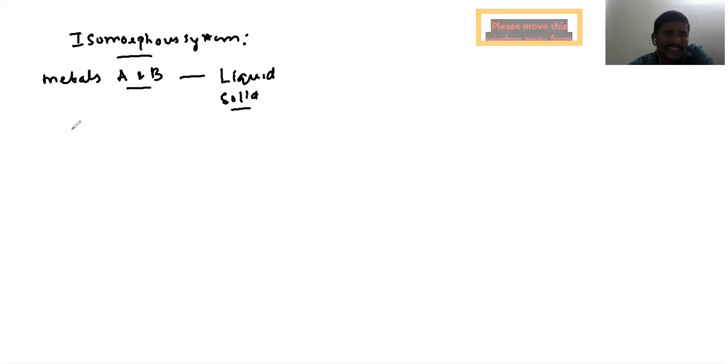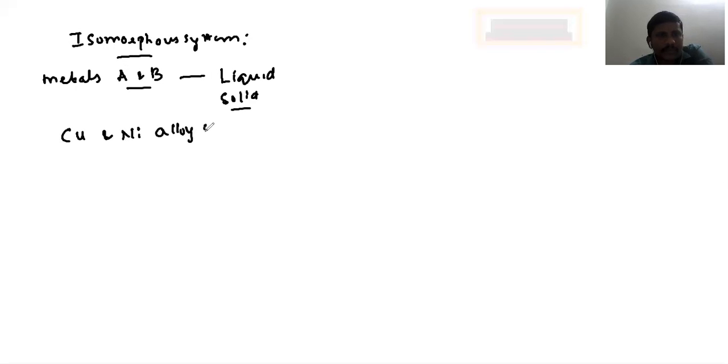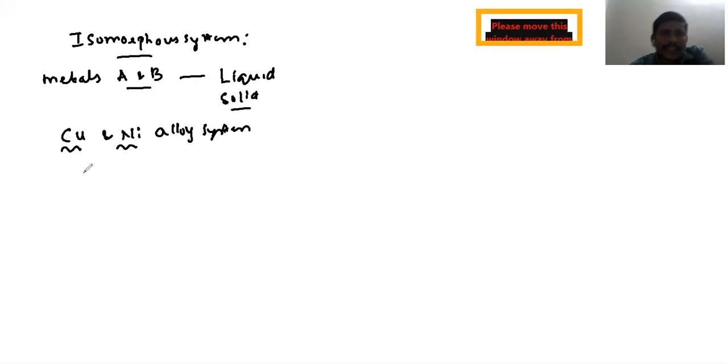For example, if you take the copper and nickel alloy system, they both are completely soluble in the liquid and completely soluble in the solid phase, and thus they form a single solid solution.